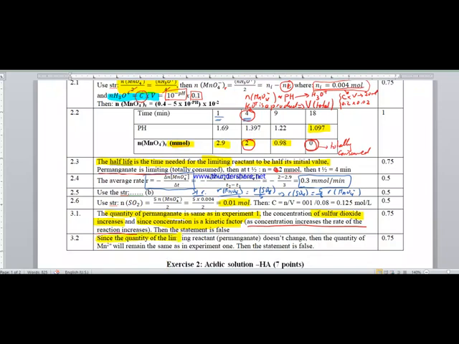Since the number of moles of the limiting reactant does not change, the quantity of product obtained will not change, and will remain the same. So the statement is false.